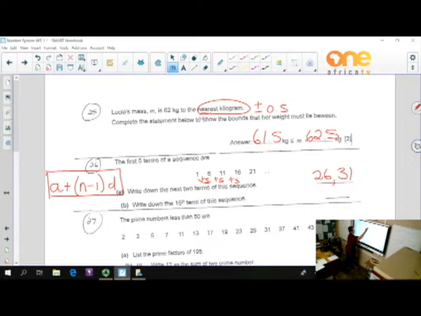So what is A? A is the first term, which is 1, plus n minus 1. N stands for any number. And then D is the common difference, and that is the 5 that we have there. So we multiplied in, and then it is 5n plus 1 minus 5, which is minus 4.